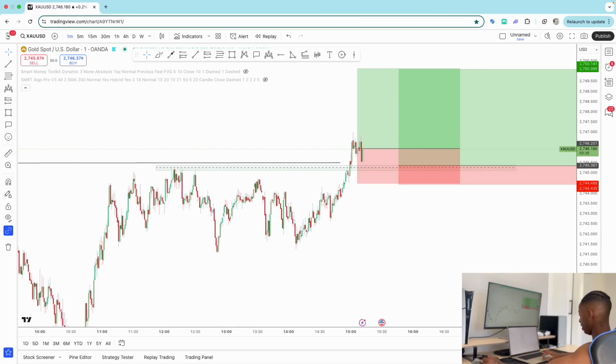Still a buy limit here. So hopefully it does activate us, but hopefully it does respect us at the same time. Let's see. If it does activate us, it means that we are going to be closer to this way. Because the first position that I went in, like I did say, it's a smaller position.